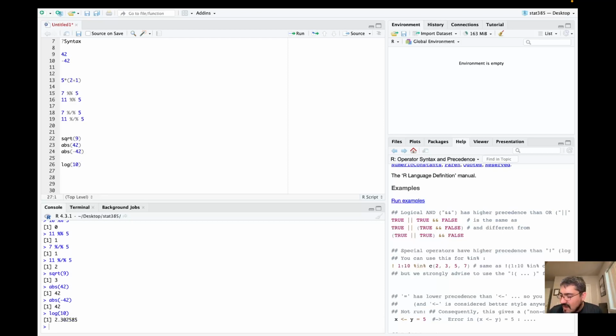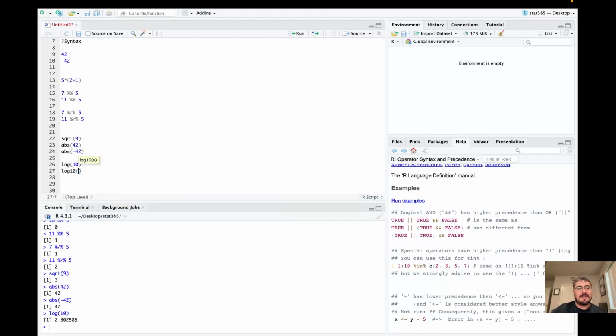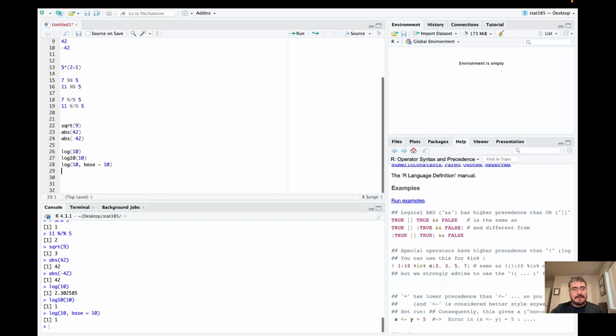And if you want to go with a different base, you can see here there's a built-in function for log 10, or with an argument, which we'll cover later, you can specify the base directly.